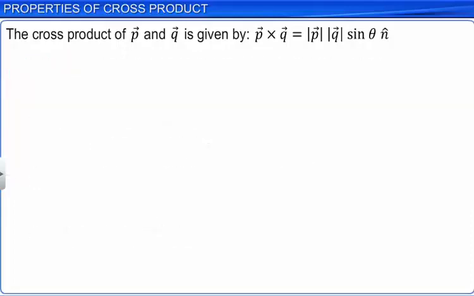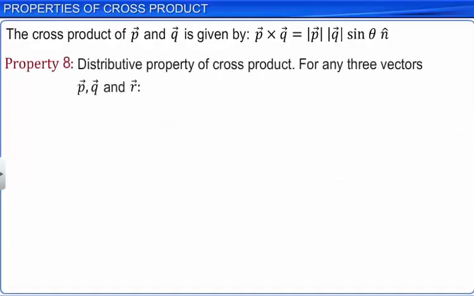Vector product is distributive over addition. Thus, for any three vectors p, q and r, the cross product of vector p with the sum of vectors q and r is equal to the sum of the cross products of vectors p and q and vectors p and r.